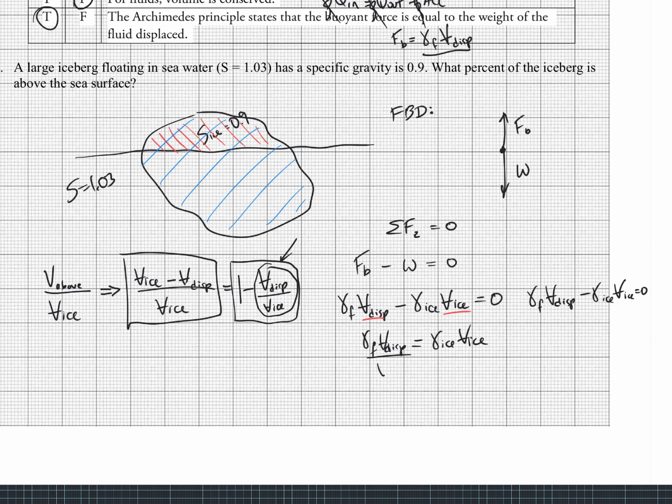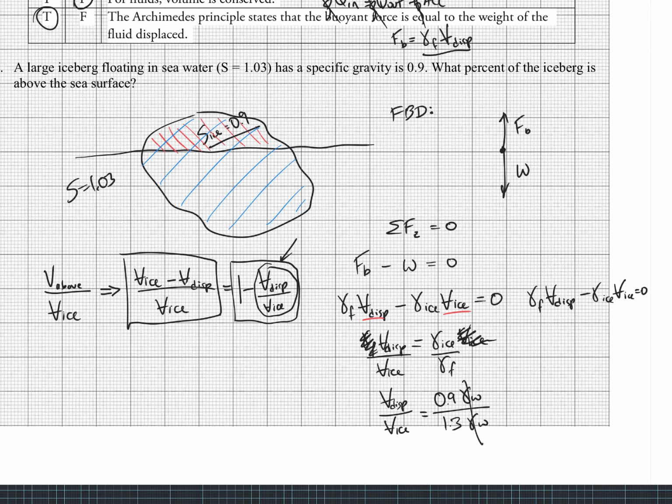Then we put volume ice over here and bring gamma F over here. So volume displaced over the volume of ice equals gamma ice over gamma F. Gamma ice is S ice times gamma of water, so it's 0.9 times the gamma of water. And the gamma of the fluid is 1.03 times the gamma of water.